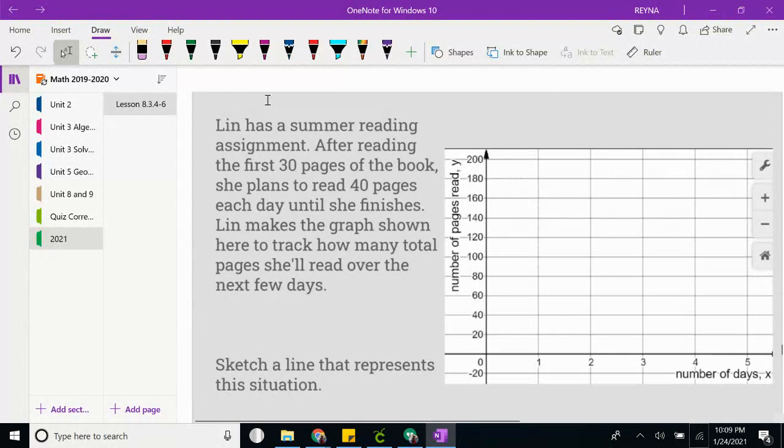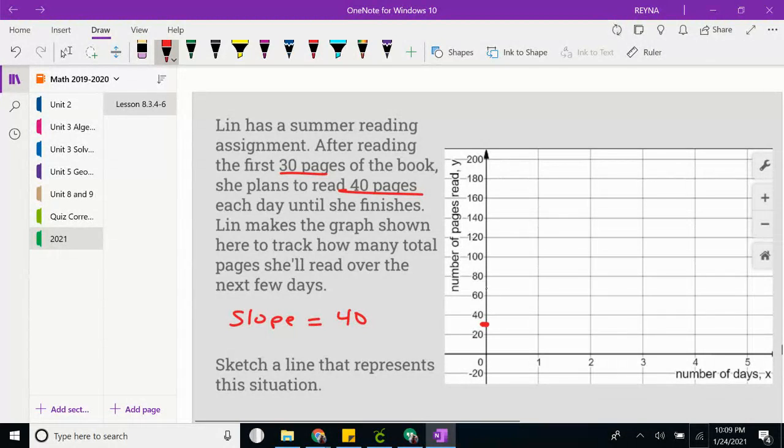So how many pages did she read on that first day? 30 pages. So she starts out reading 30 pages. How many pages is she going to read each day after that? 40. So 40 is our slope, because we're going to go up 40 for every 1 day.